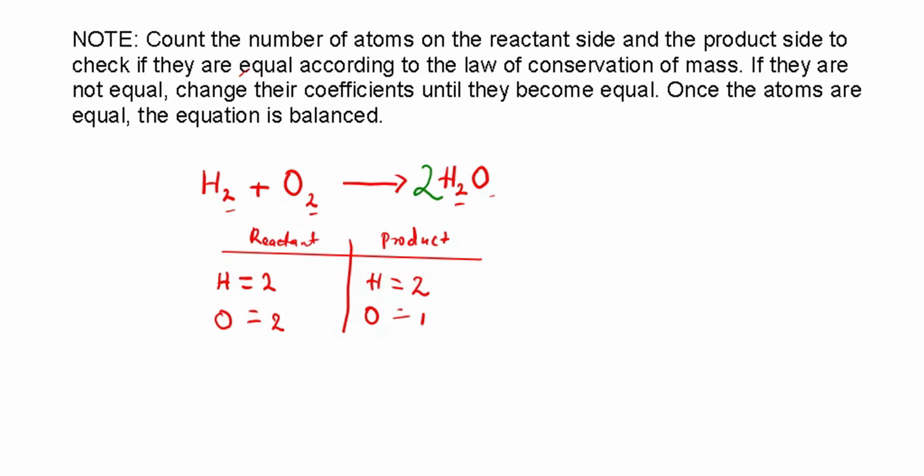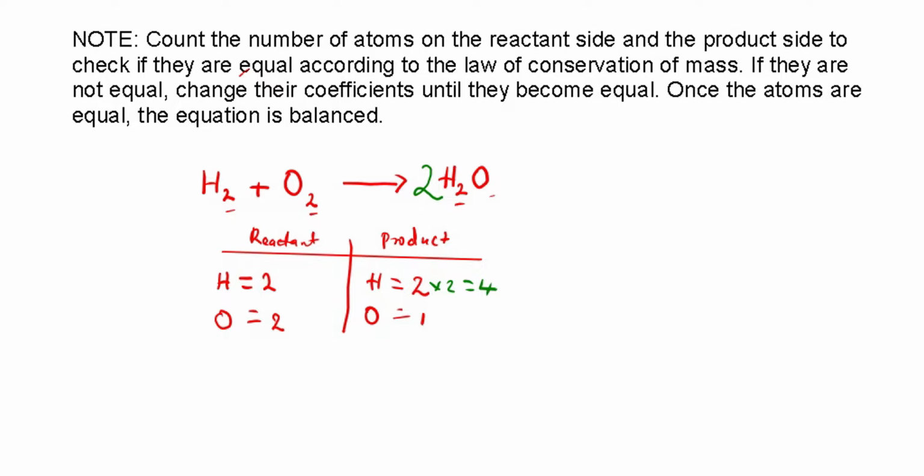Now let's check it again and see. Let's start with hydrogen. Hydrogen in the reactant side is 2, but in the product side is 4, since 2 times 2 is 4. Now let's look at oxygen.